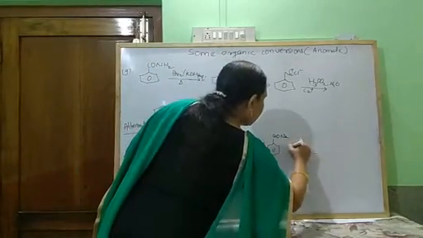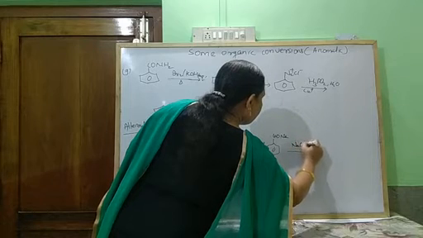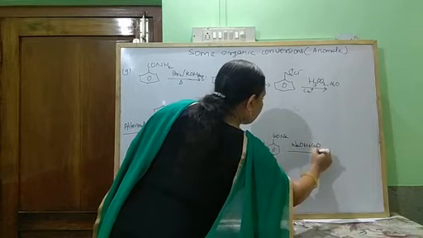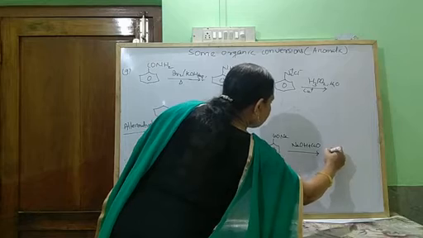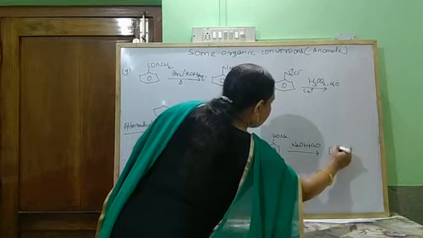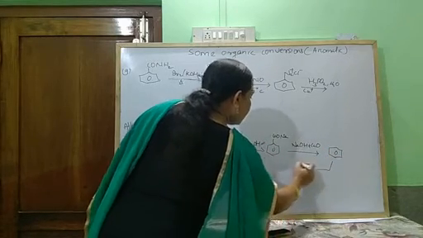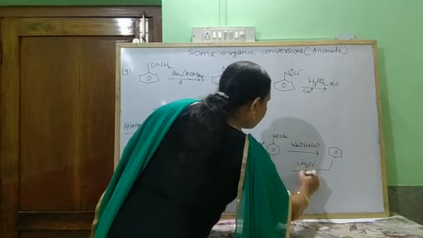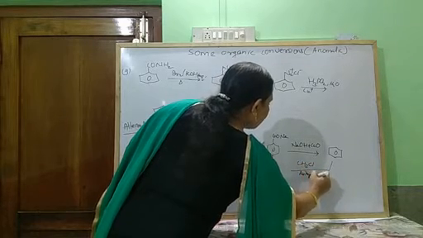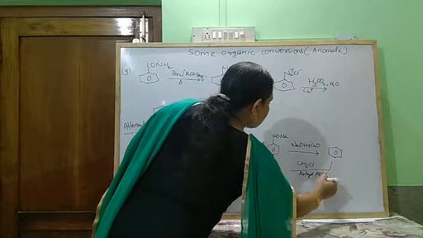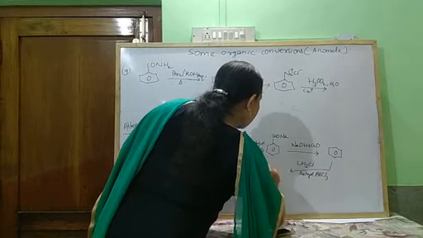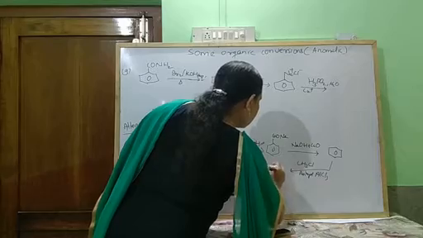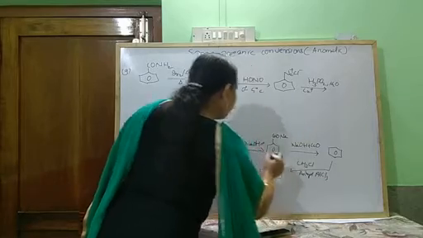Then this heated with soda lime forms benzene. And this benzene, when treated with methyl chloride in presence of anhydrous aluminum chloride, forms toluene.